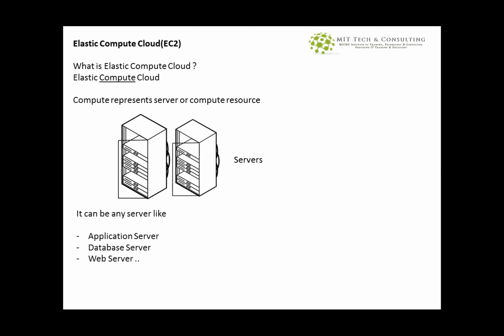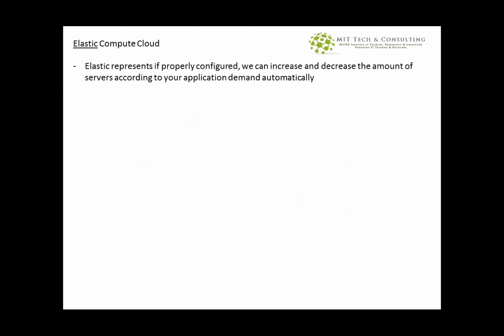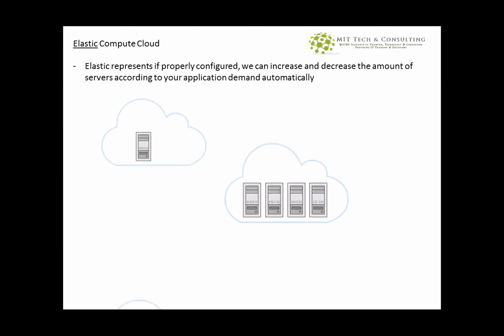This can be any server: an application server, database server, or web server. The cloud represents that these servers are hosted in the cloud. And the elastic represents that if you configure it properly, you can increase and decrease the number of servers according to the application demand.